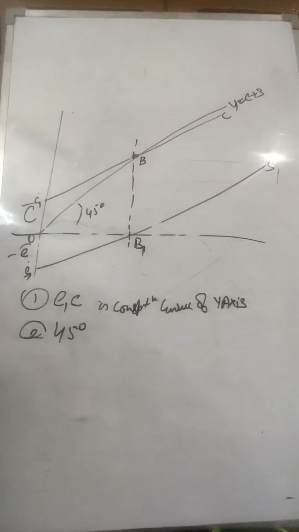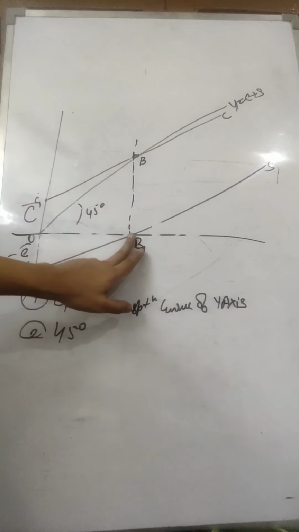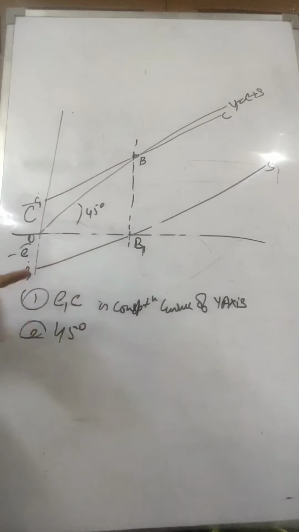And then I will draw a parallel line to C1C that passes through the B1 point. So I will get my savings curve.